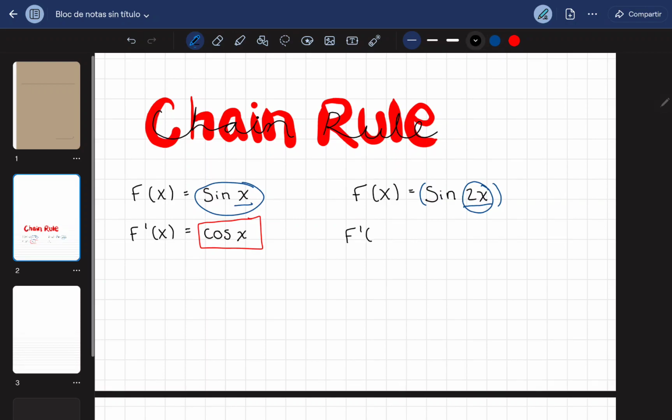And if we solve this, we say the derivative of sine of 2x is cosine of 2x. And this is multiplying the derivative of 2x, which is 2.